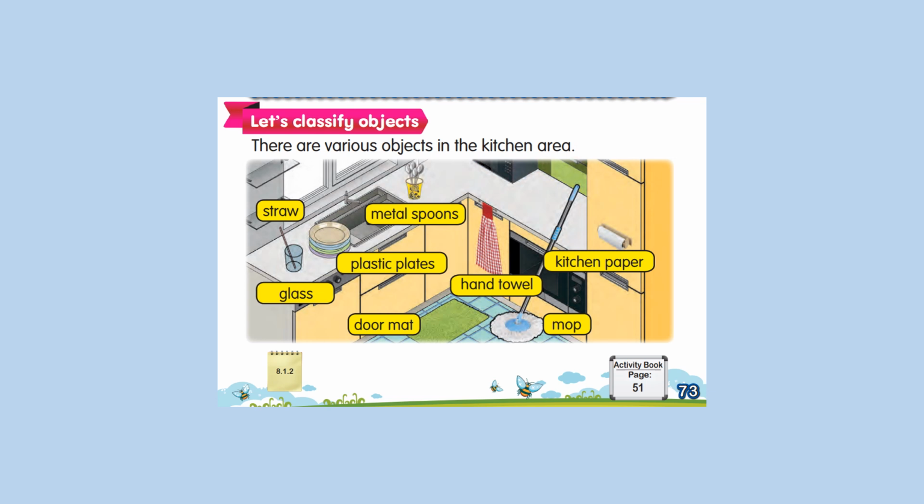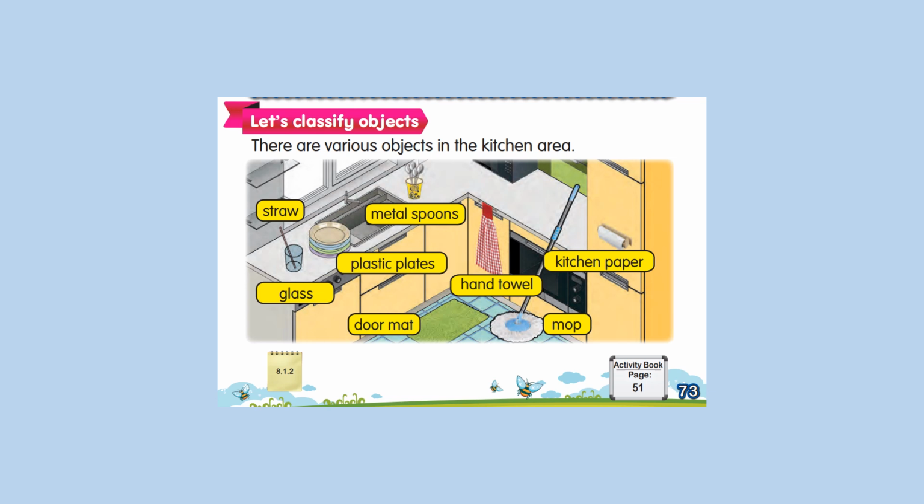Straw, glass, these are plastic plates, these are metal spoons, this is doormat, this is hand towel, this is mop, and this is kitchen paper. Now, classify all these objects into water absorbent object and non-water absorbent object.